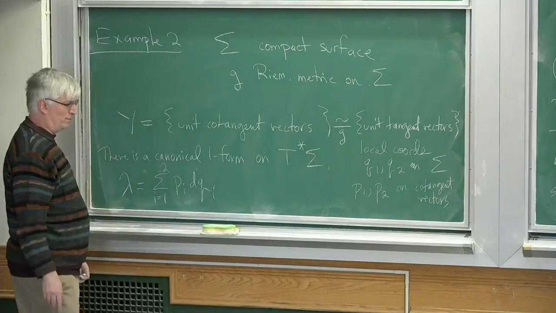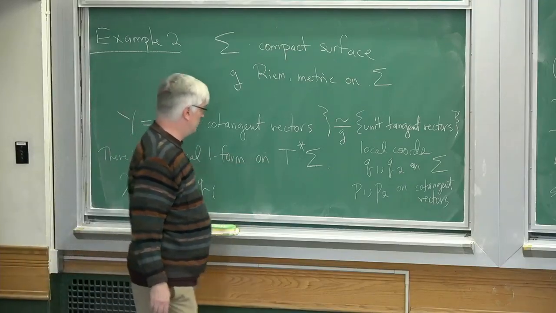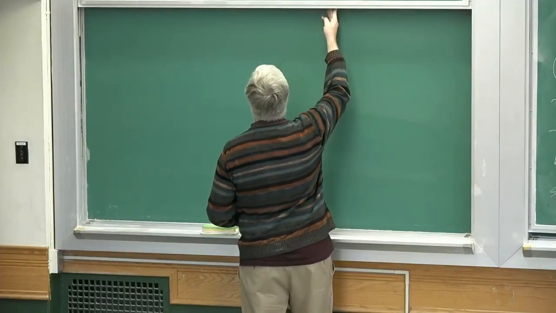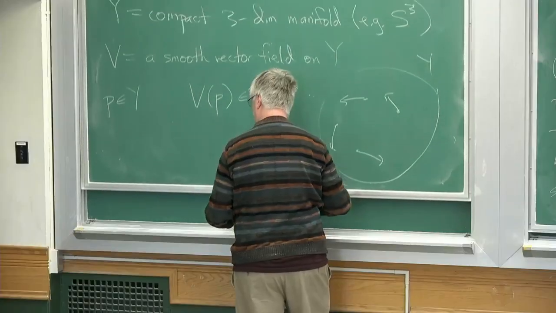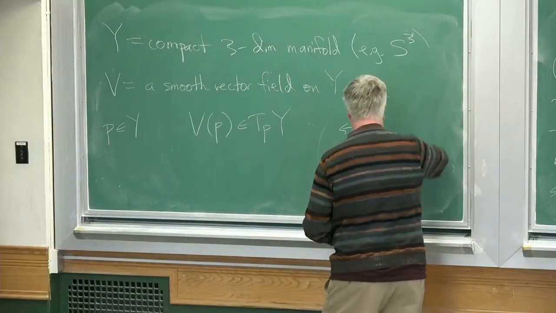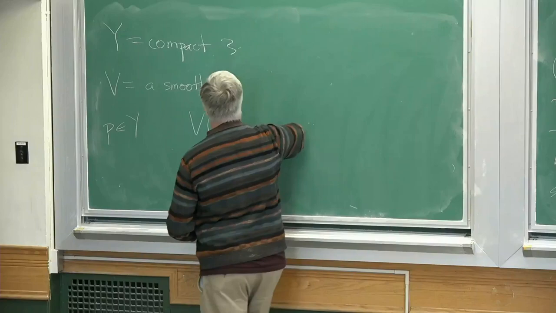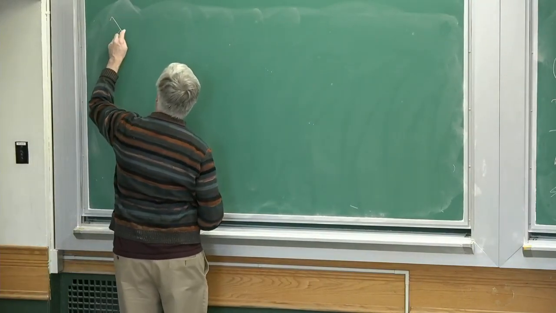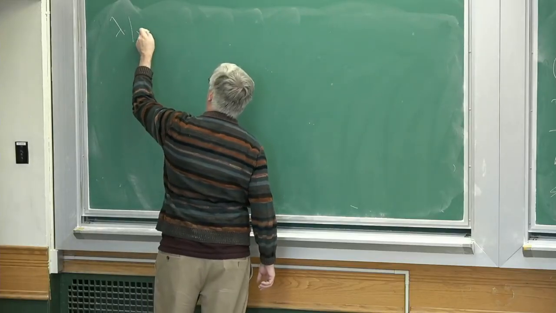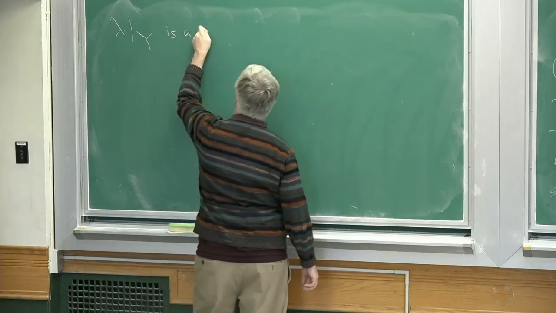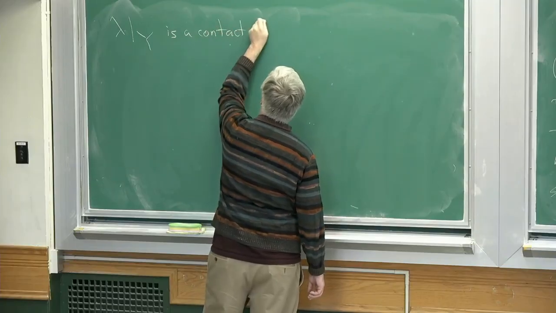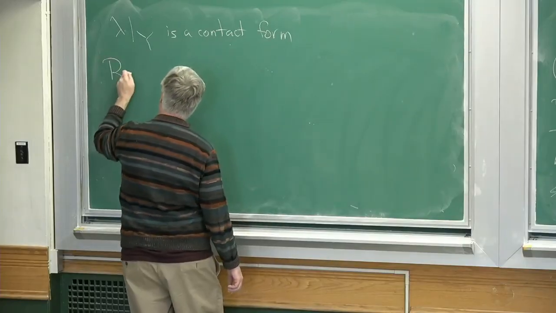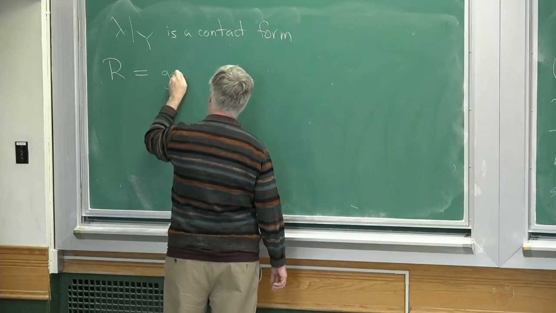It's the canonical 1-form on this 4-dimensional cotangent bundle, and it's a fact that lambda restricted to Y is a contact form, and then the associated Reeb vector field coincides with the geodesic flow.